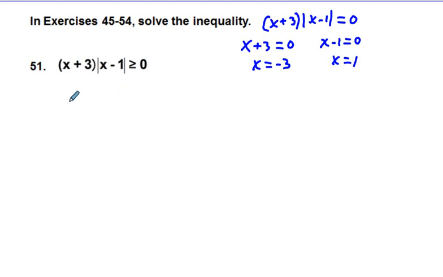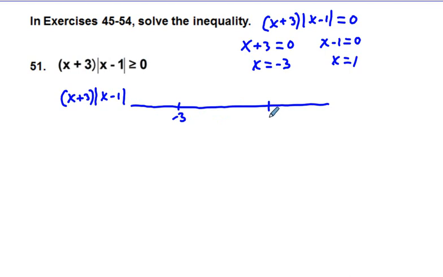So we can use this number line I'm about to construct here, x plus 3 times absolute value of x minus 1. And here we have our number line, and on our number line we have our critical numbers -3 and 1. And so we just evaluate.